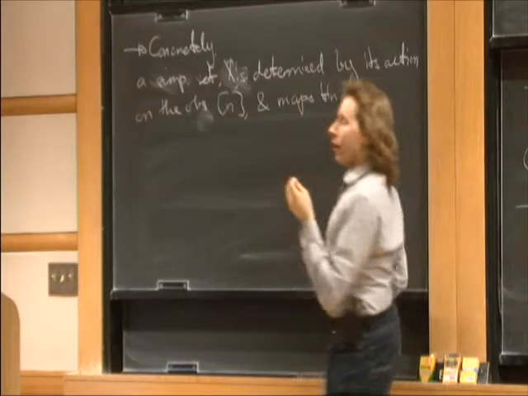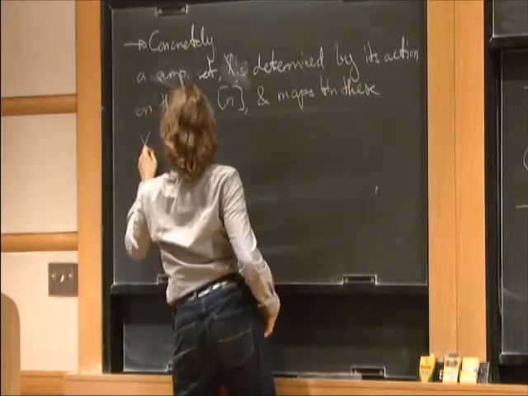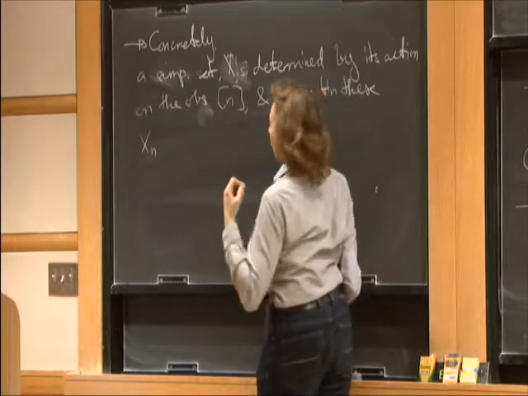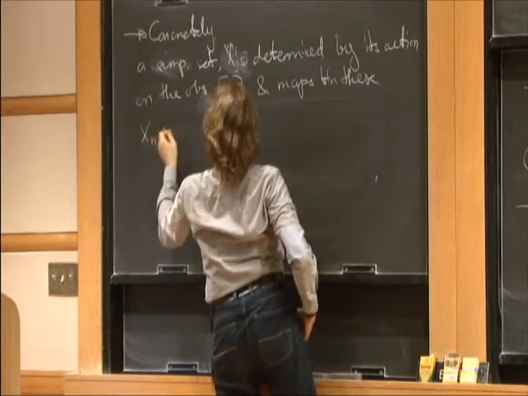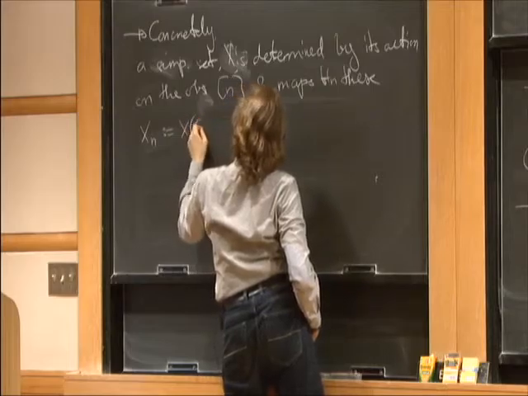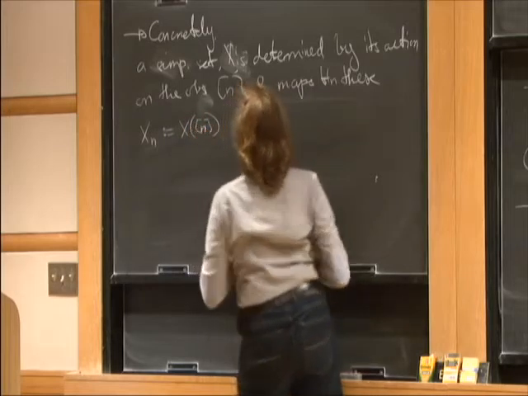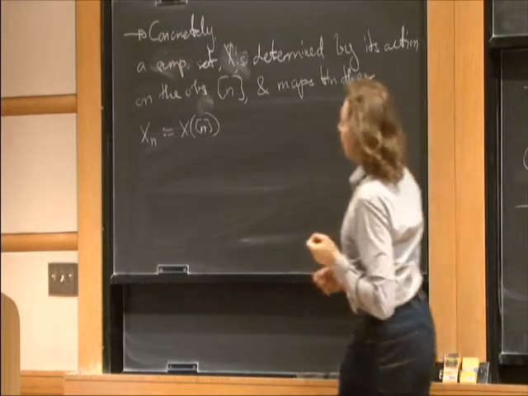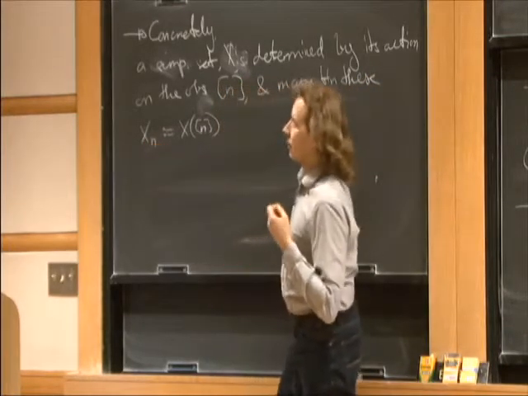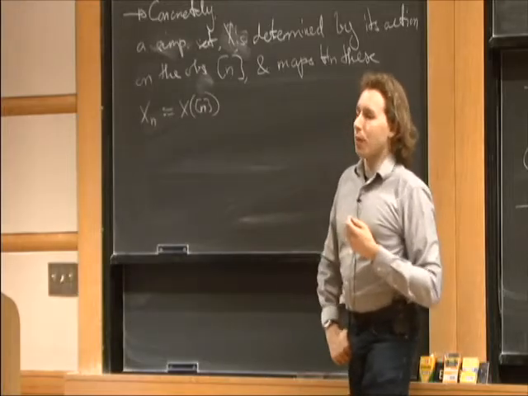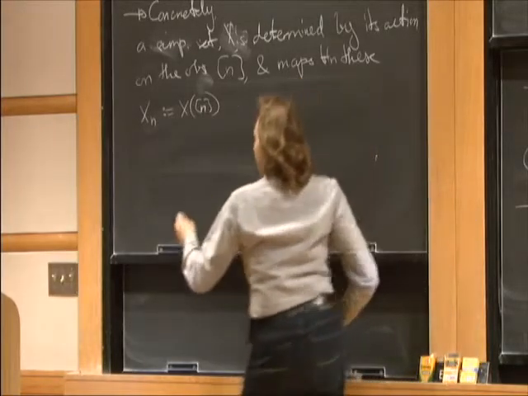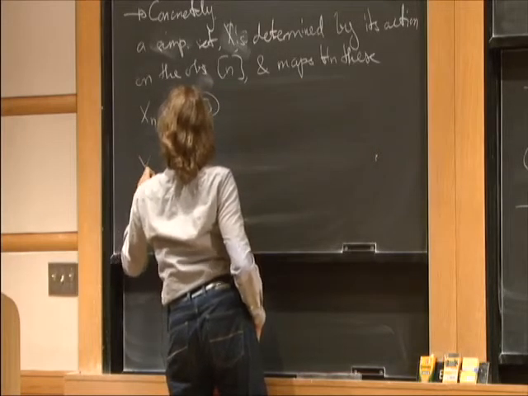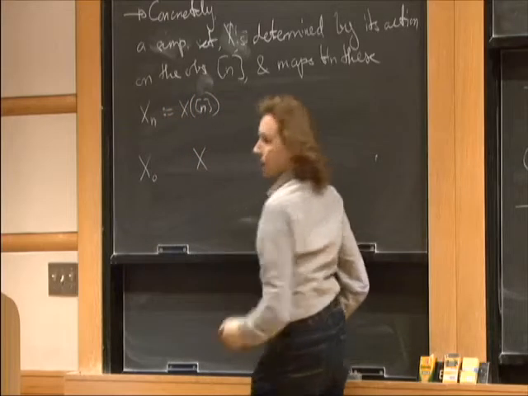So in particular, we tend to simply write x sub n for the action of x as a functor on that particular set, and we typically think of x as given on objects by just this sequence of sets x sub n.